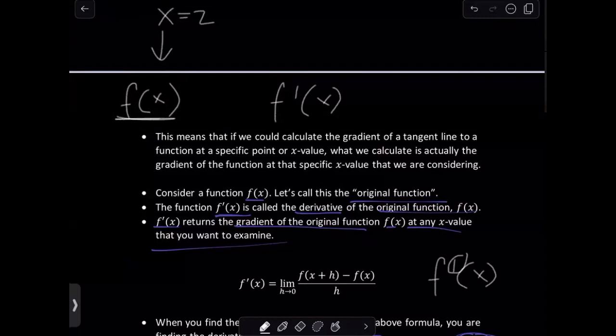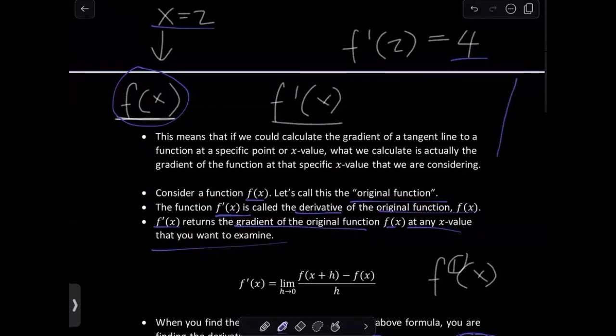All you have to do is substitute 2 into your derivative function, and let's say you calculate an answer of 4. What this means is that the gradient of the original function when x is equal to 2 is equal to 4. So it's going to have a slope of 4.